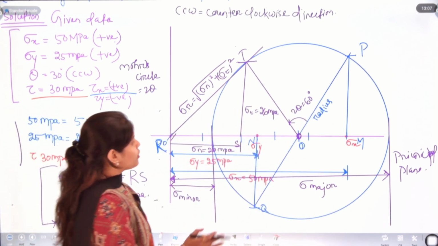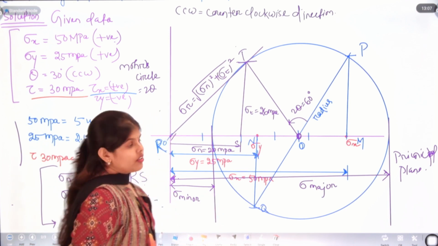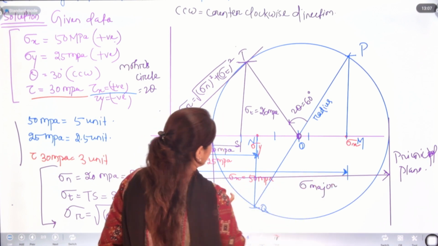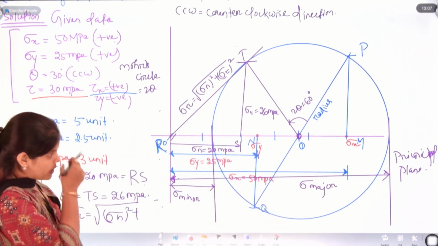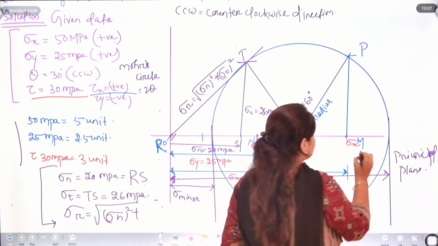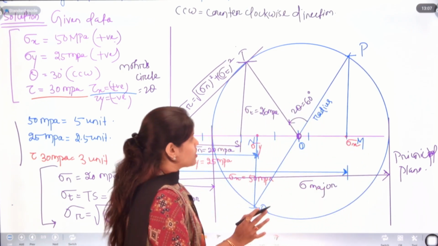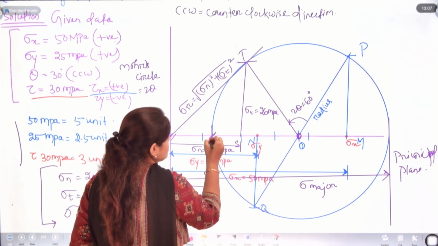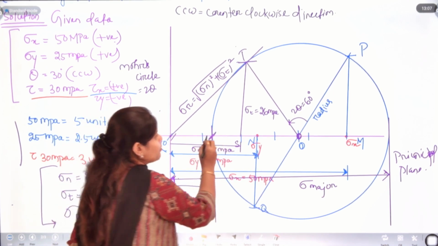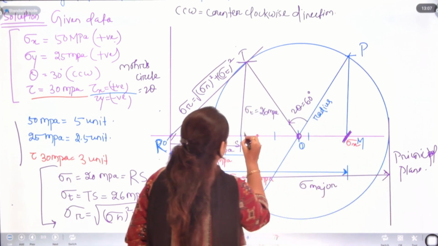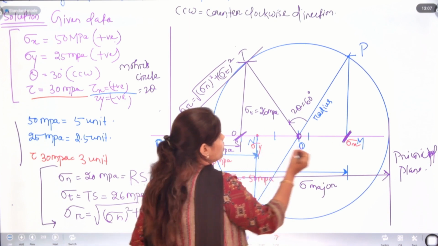So, what will be your direction? We have the magnitude, sigma major and sigma minor. If we measure these values, we will find out. So direction will be what? Okay, you can see the minimum shear stress, that will be 0. The shear stress will be 0 at this point, this plane, and here at this. Right? Here it will be 0 and here it will be 0.